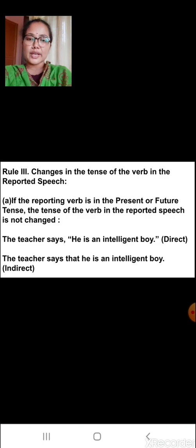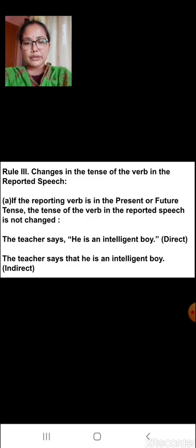Rule number 3. Changes in the tense of the verb in the reported speech. If the reporting verb is in the present or future tense, the tense of the verb in the reported speech is not changed.